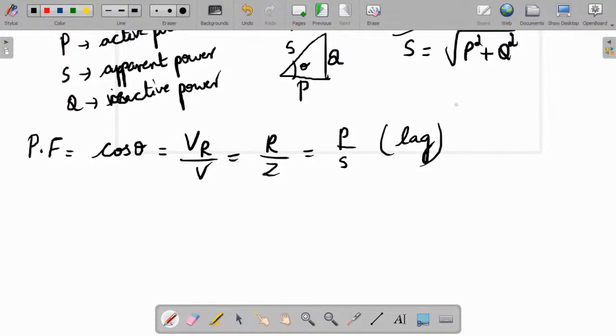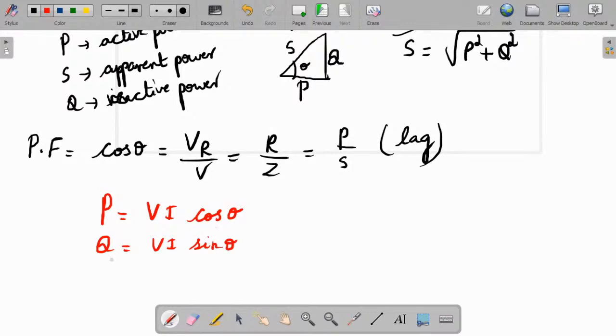Here I mentioned active power, apparent power and reactive power, so let us see their formulas. What is P? If you are given V and I, active power is nothing but VI cos theta. Active power is given by VI cos theta and reactive power is given by VI sin theta.